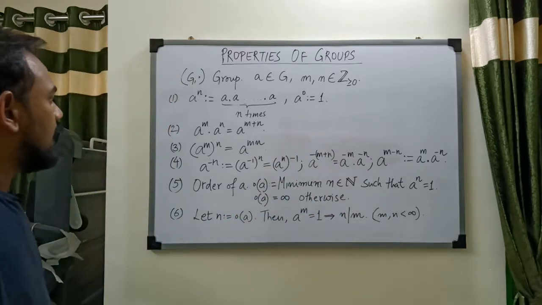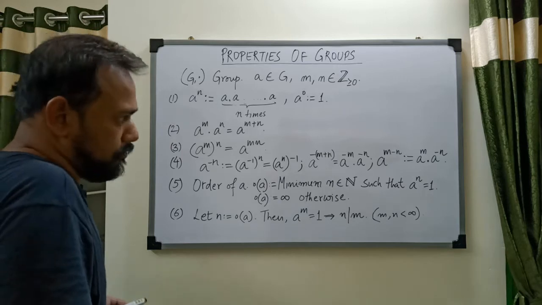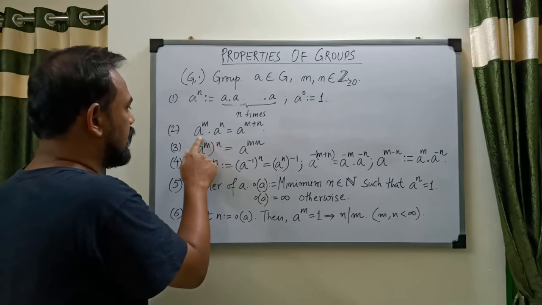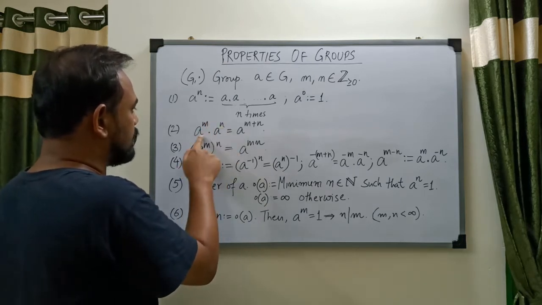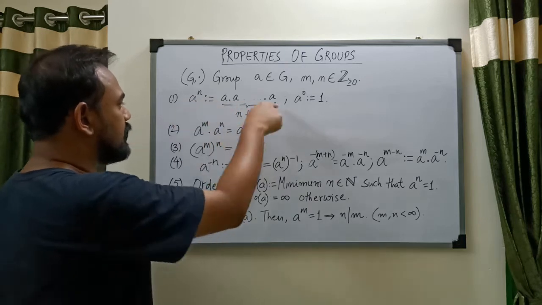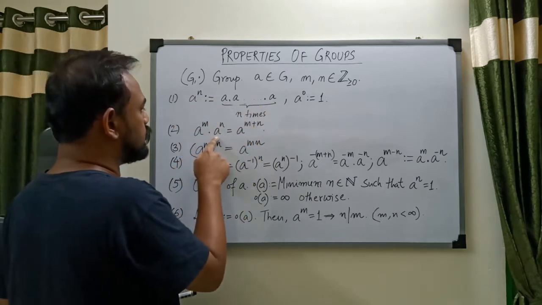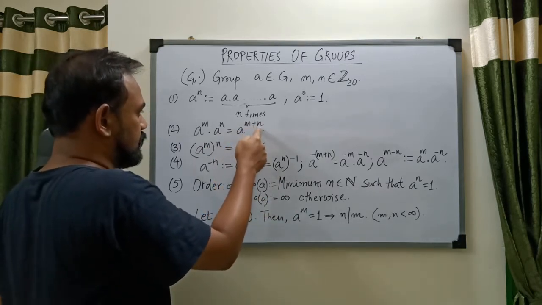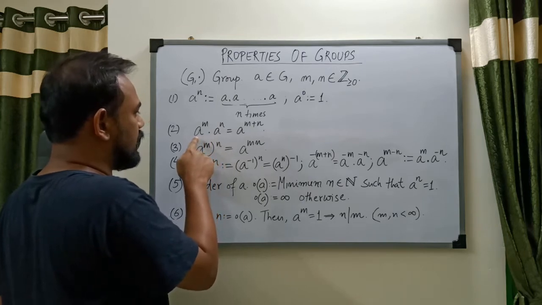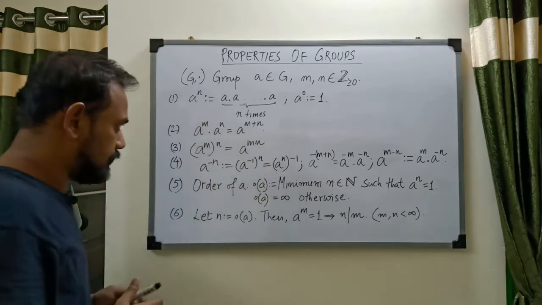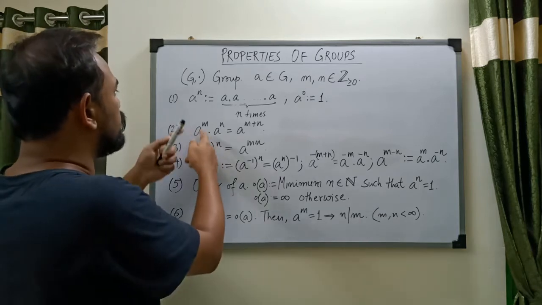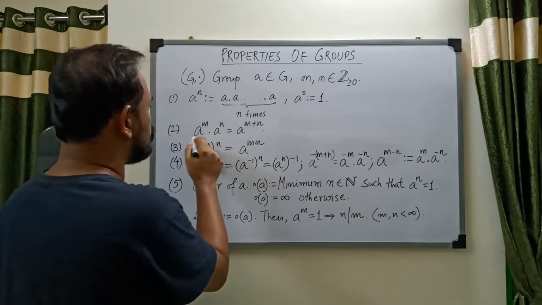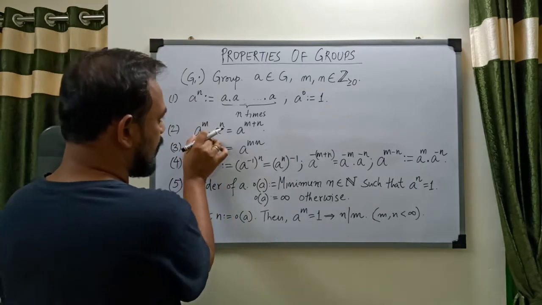Okay, or the identity. Now we can derive a couple of things from just this definition. That is, if you product a to the power m and a to the power n, obviously all these in the sense that we have defined in the first point, if you product these two, you get what we already know. You can add the indices when you multiply a raised to one index and a raised to the other index. This we can prove very easily from the first one, and let's just try that and see how it comes. So what is a to the m?